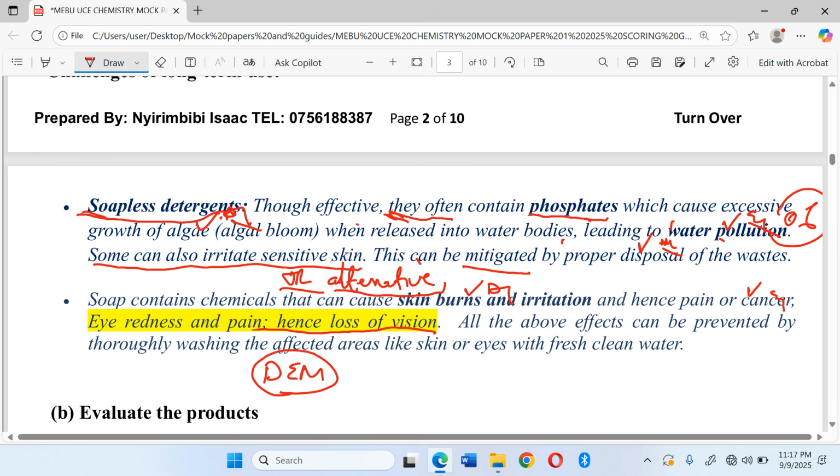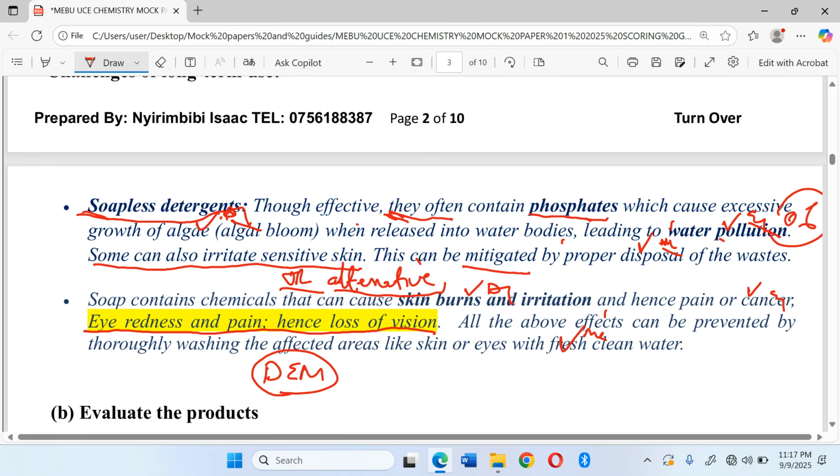So this is another point you can give in that area instead of talking about the pain and cancer. So we are saying that all these effects can be prevented by thoroughly washing the affected areas like skin or eyes with fresh, clean water, and you get all your scores.